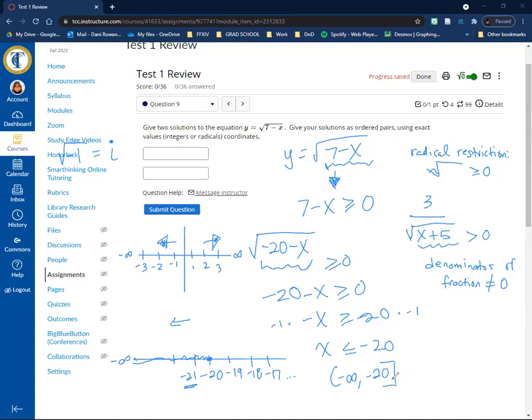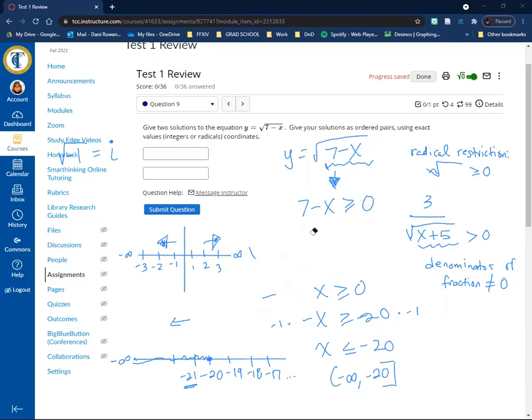Any more questions on domain? Do you set it to be greater than or equal to 0 even if the inside of the square root is positive, like the x plus 5? Let's say it was y equals the square root of x plus 5.